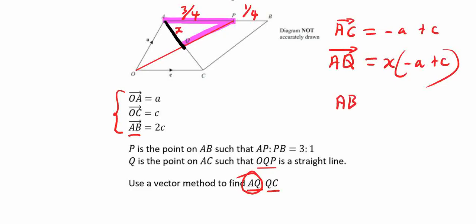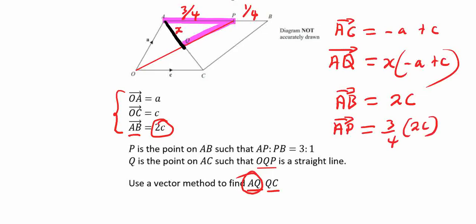Vector AB is already given as 2C. Therefore, AP is a fraction of AB, and the fraction is already given as 3 over 4. 3 over 4 of AB, which is 2C. If you simplify that, 2 divided by 2 gives you 1, and 4 divided by 2 gives you 2. So AP is simply 3 over 2C.